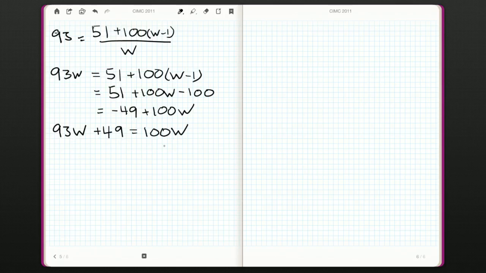I could subtract 93W on both sides. 100W minus 93W, you can factor out the W. 100 minus 93, that's 7. So 7W. Now we don't quite have our W isolated just yet. We have 49 is equal to 7W.